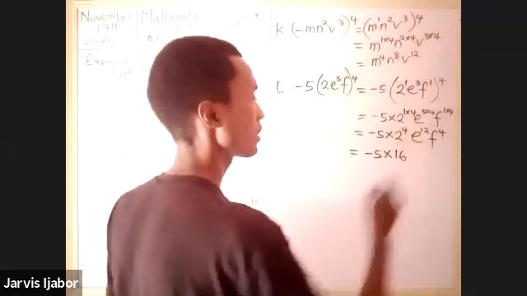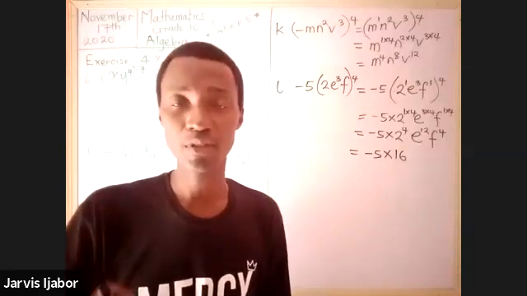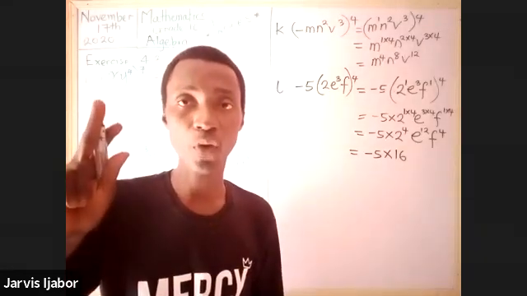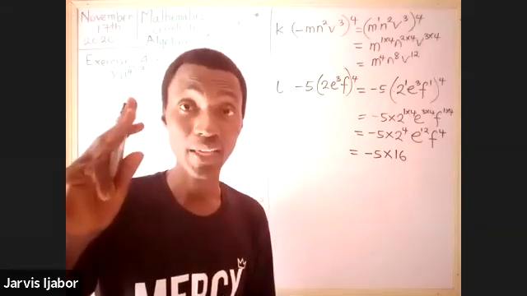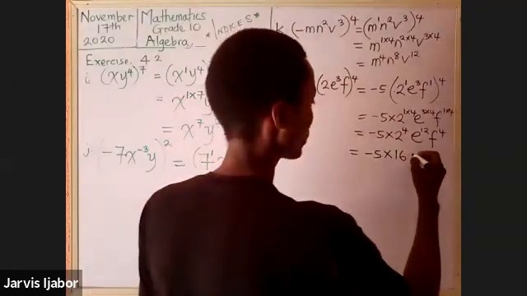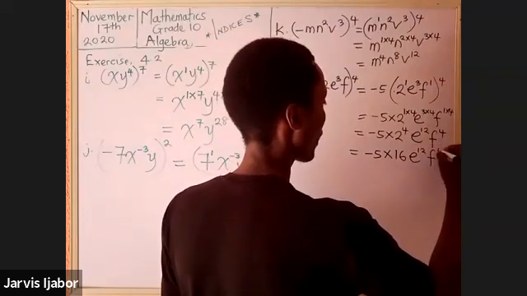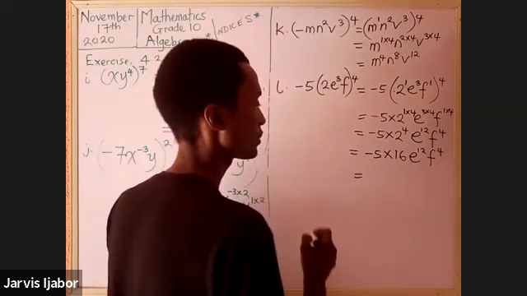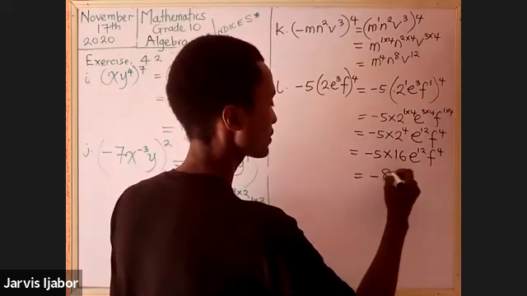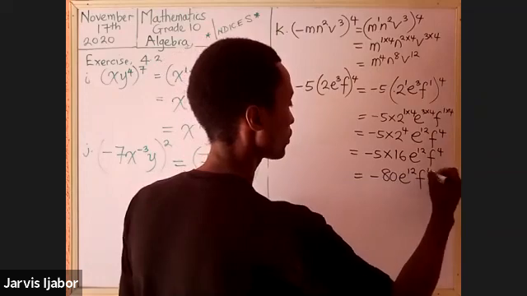That will be 16. 2 raised to the power of 4 means multiply 2 four times: 2 times 2 is 4, times 2 is 8, times 2 is 16. And that will be e raised to the power of 12, f raised to the power of 4. So that will give you negative 80, e raised to the power of 12, f raised to the power of 4.